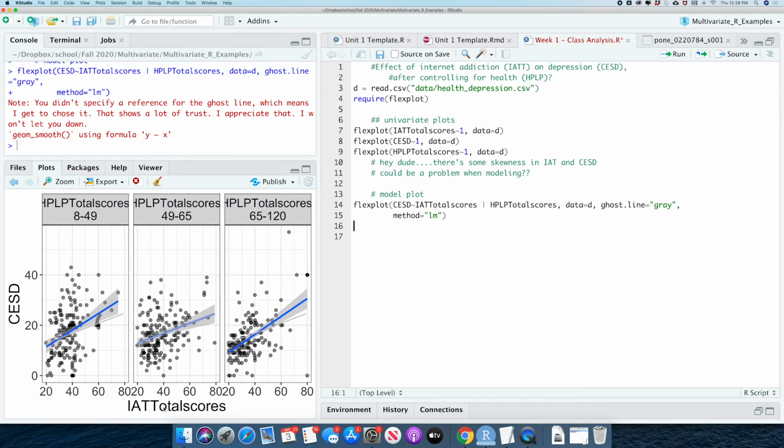Because right now we have IAT total scores on the x-axis. And what we've done to HPLP is we've compressed it. So it used to be a variable that ranged from 8 to 120 with lots and lots of unique values. And now we're putting everybody from 8 to 49 into one group, and from 49 to 65 into a second group.